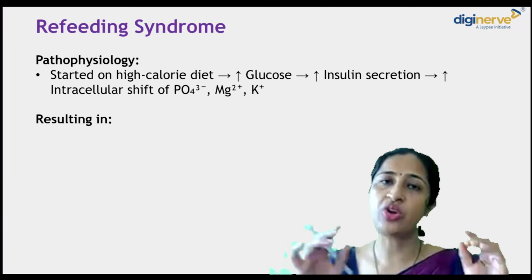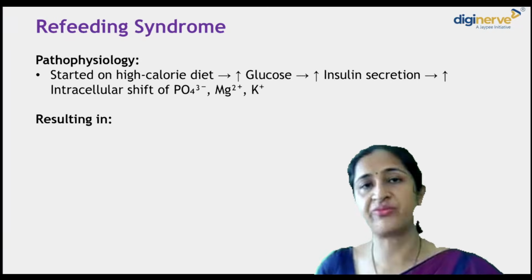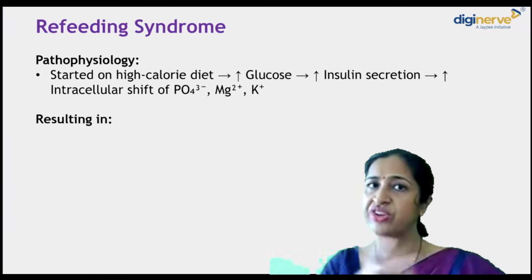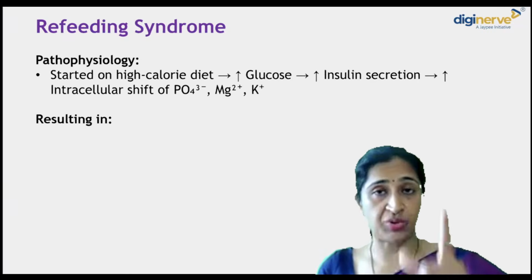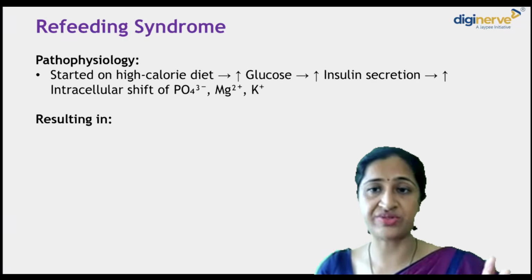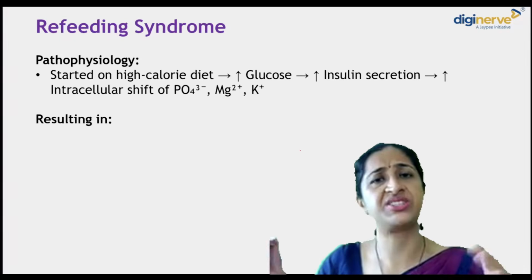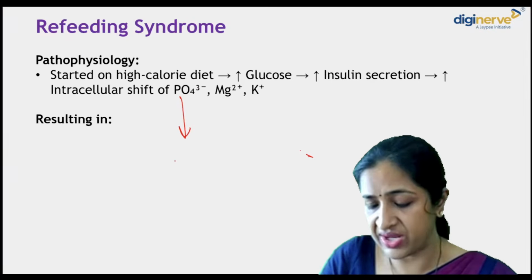The insulin not only converts the glucose into fat and helps in formation of glycogen, all that happens. But along with that, there's a shift of metabolites and electrolytes. There's an intracellular shift of potassium, magnesium, and phosphate. So you could just remember potassium, magnesium, phosphate. Very simple to identify what happens in refeeding syndrome.